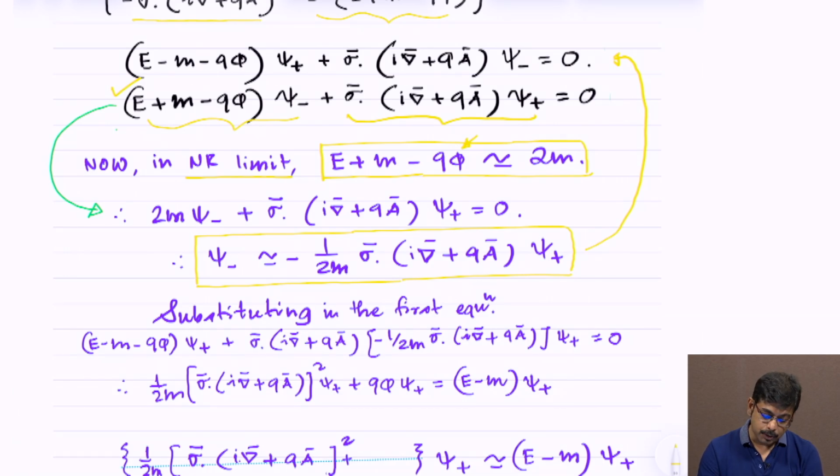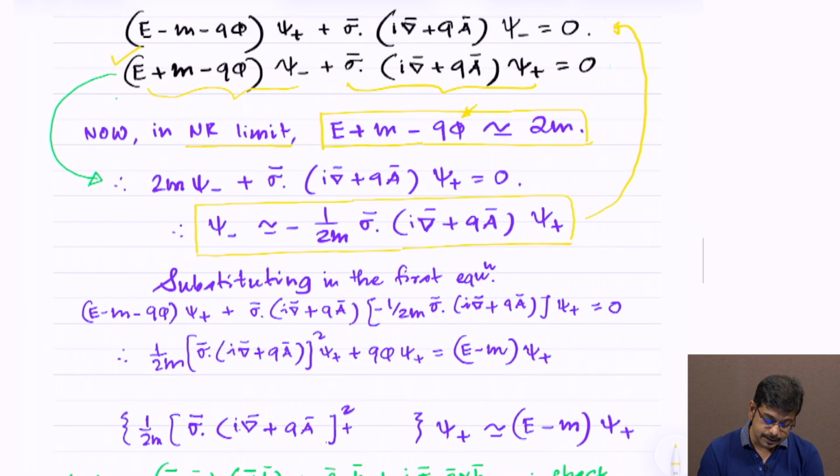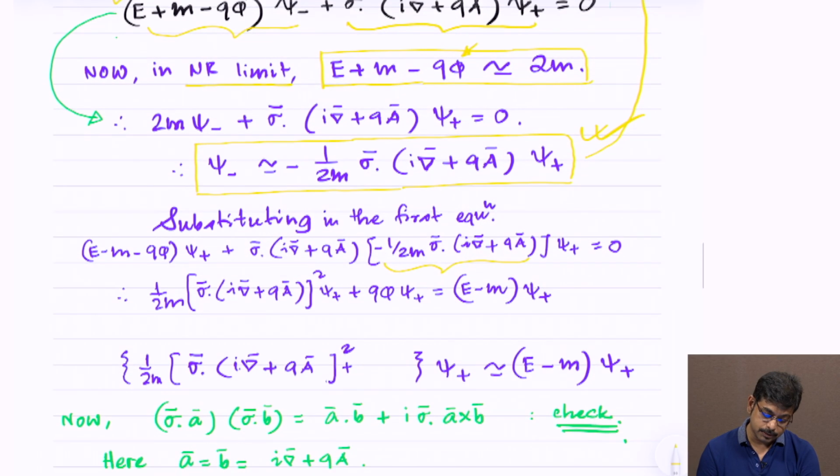This is once again algebra which you can do, and if you do that algebra, what you can see is that it will be E minus m minus q phi psi plus plus sigma dot i del plus q A into psi minus, which is replaced by this particular form, minus 1 by 2m sigma dot i del plus q A psi plus, equal to 0.